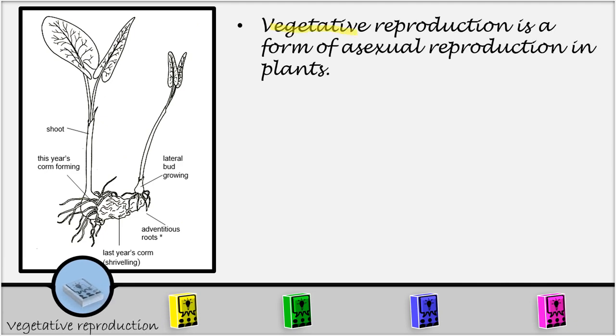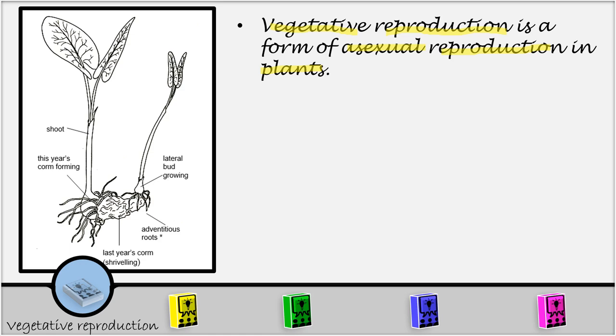Vegetative reproduction is a form of asexual reproduction in plants. So what we mean is that vegetative reproduction is a type of reproduction which is asexual, and it takes place in plants.